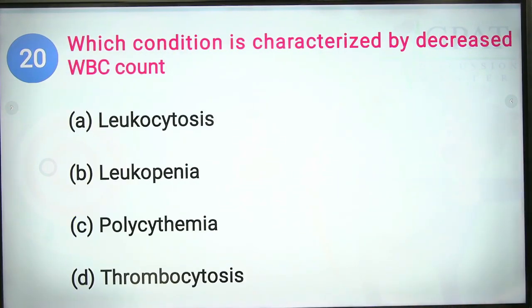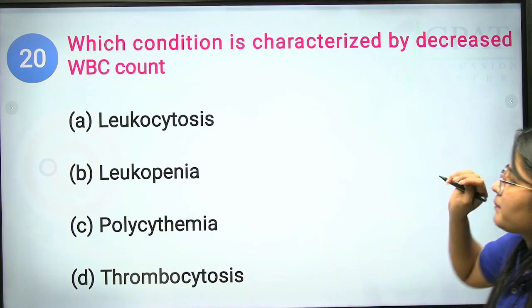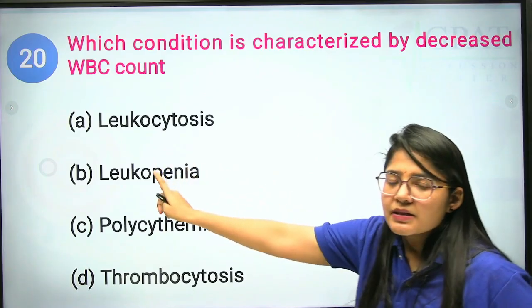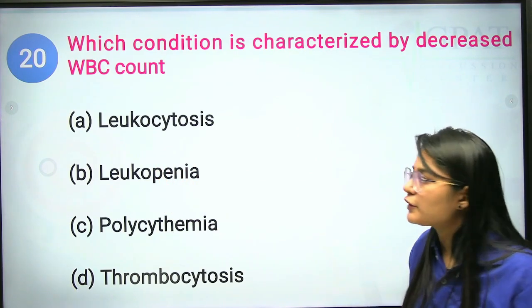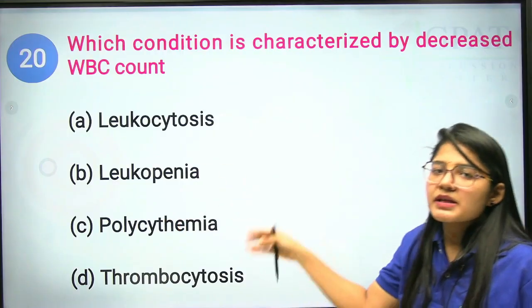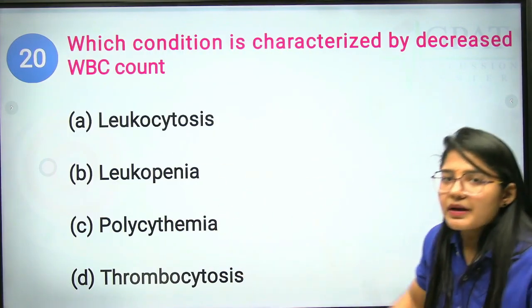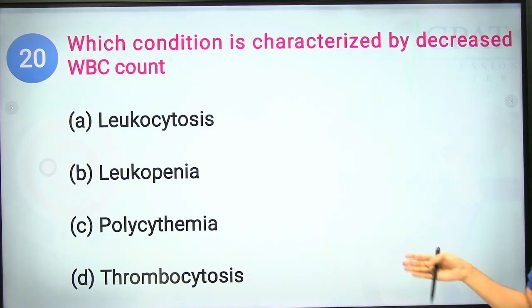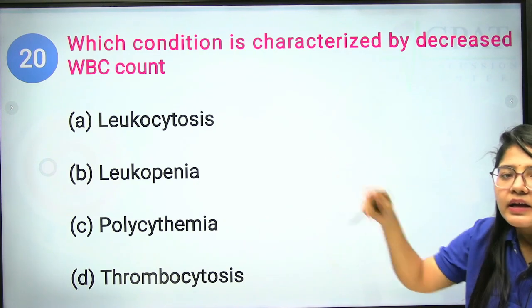Next question. Which condition is characterized by decreased WBC count? Okay, cytosis means increase in the number of cells, that is the formation of new cells. Penia means decrease in the number of cells. Polycythemia, poly means increase in the number of cells, and thrombo means platelet cells are increased.